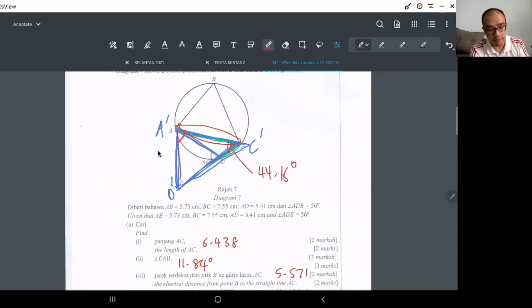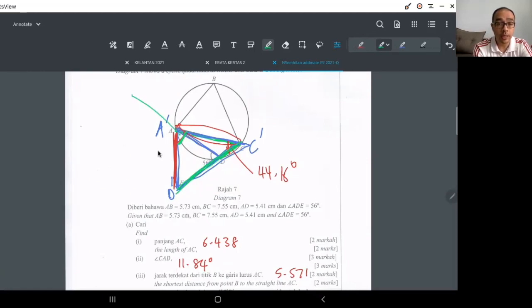Yeah, this length AD we know already. So I can use this angle with this line and use the sine rule, with this angle and this line. This is what I want to find.